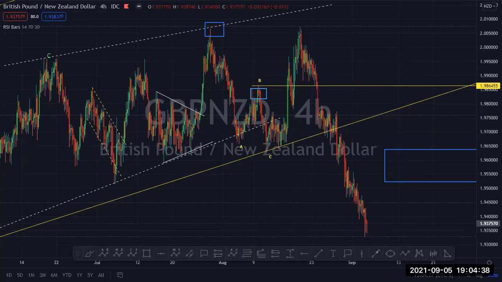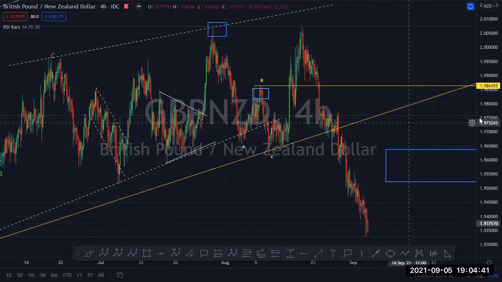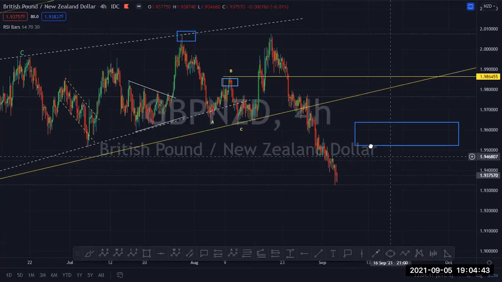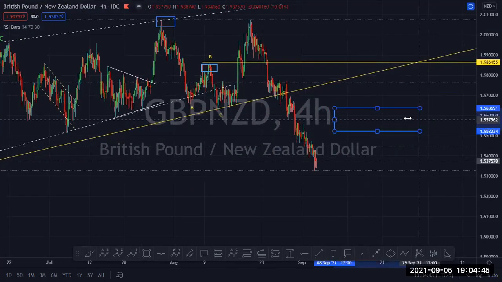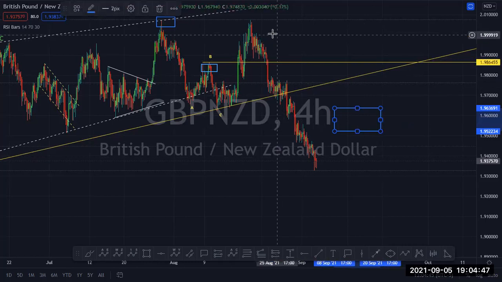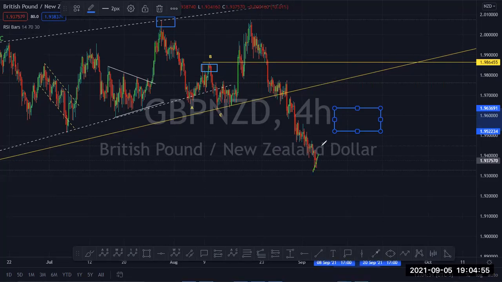So this is 4 hours. So once I get a corrective move, a kind of A, B, C, then I look for a sell entry from here and sell.